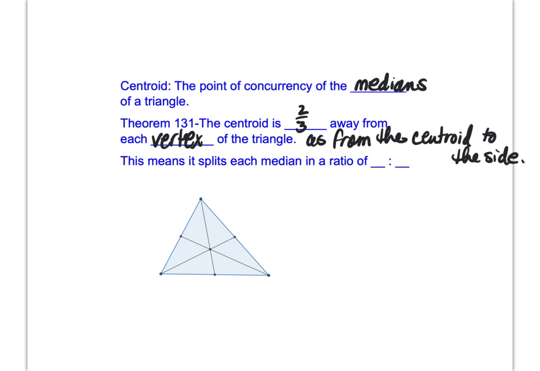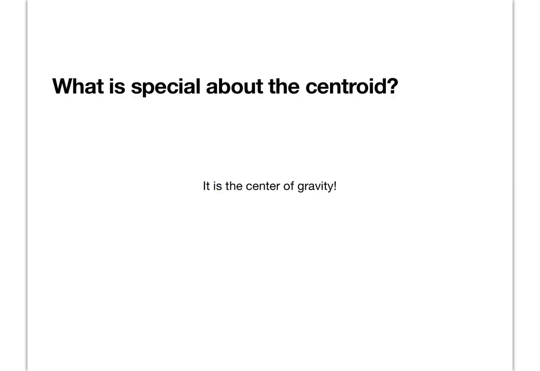So basically this means that it splits each median in a ratio of 2 to 1. This is 2 times x. This would be x, 2 to 1. What's special about the centroid? It is the center of gravity of your triangle.